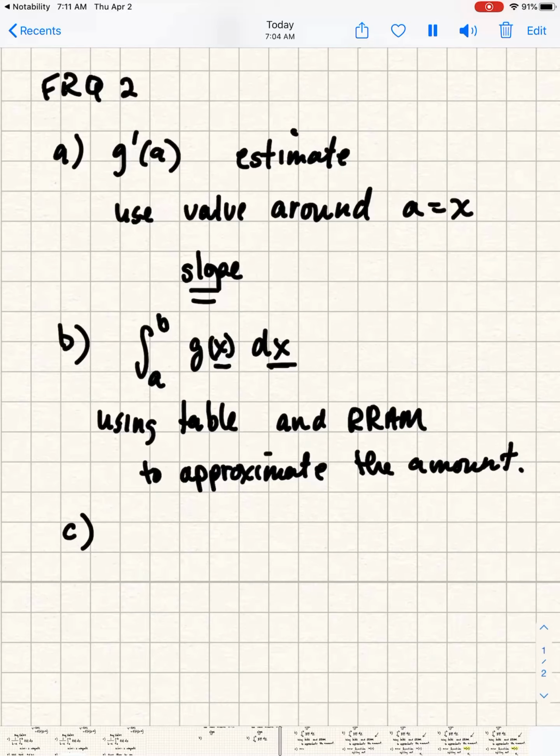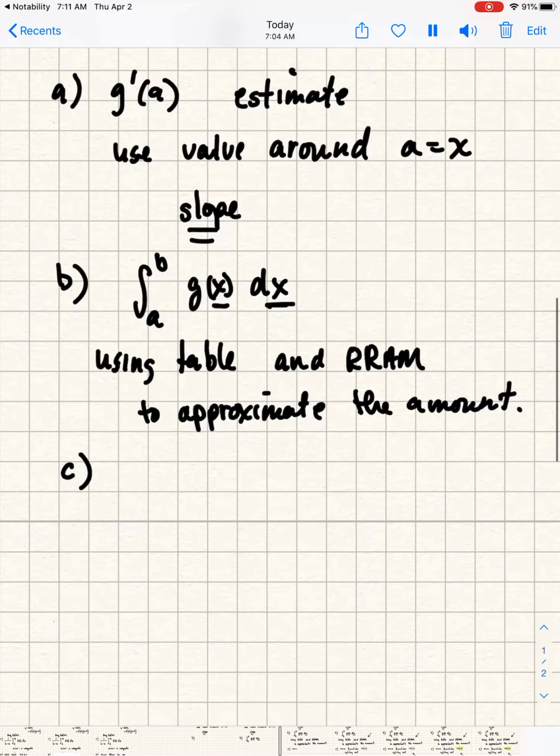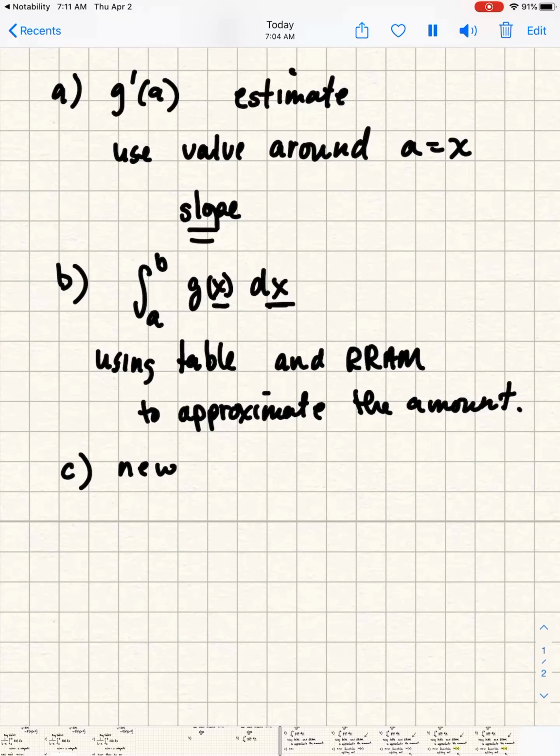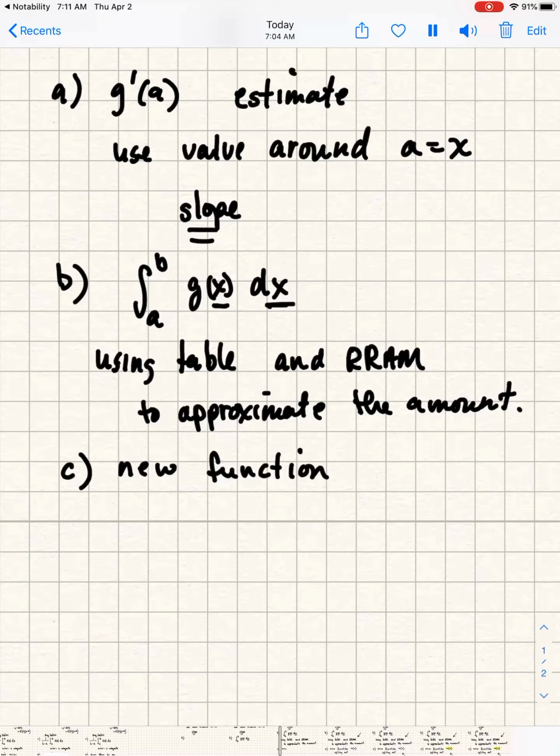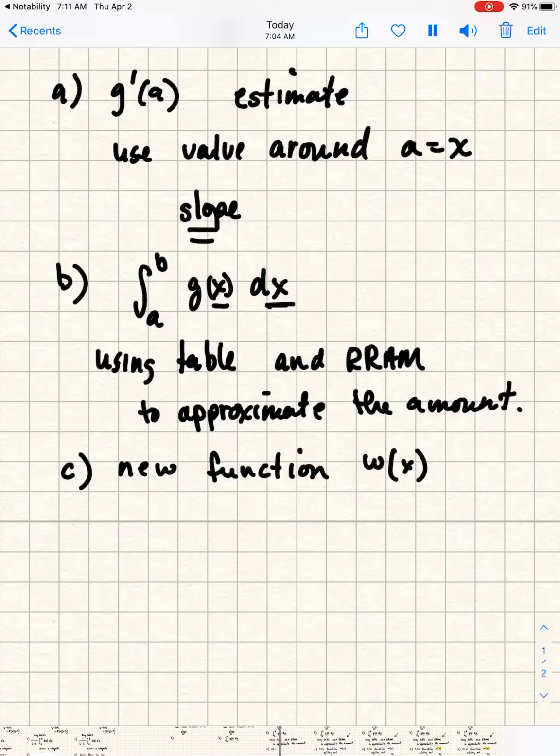For C, now here they give you a new function, like w of x or w of t, right? And what they want to know is if this is what's spilling out.